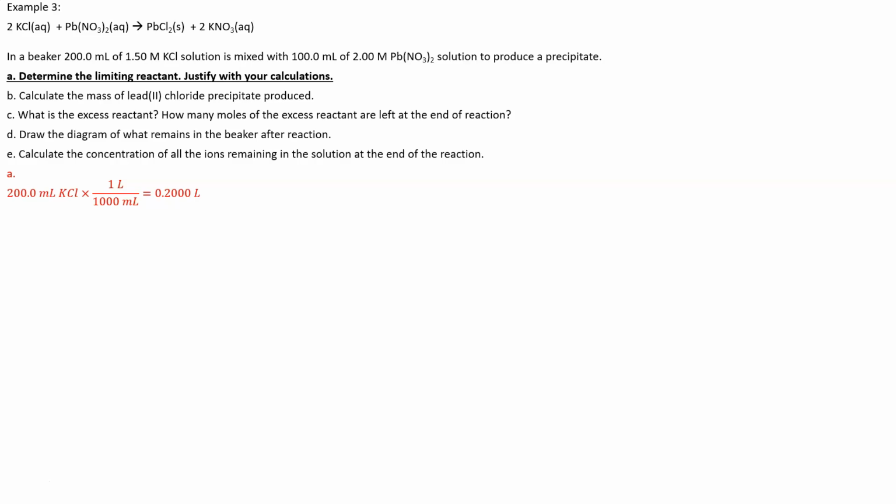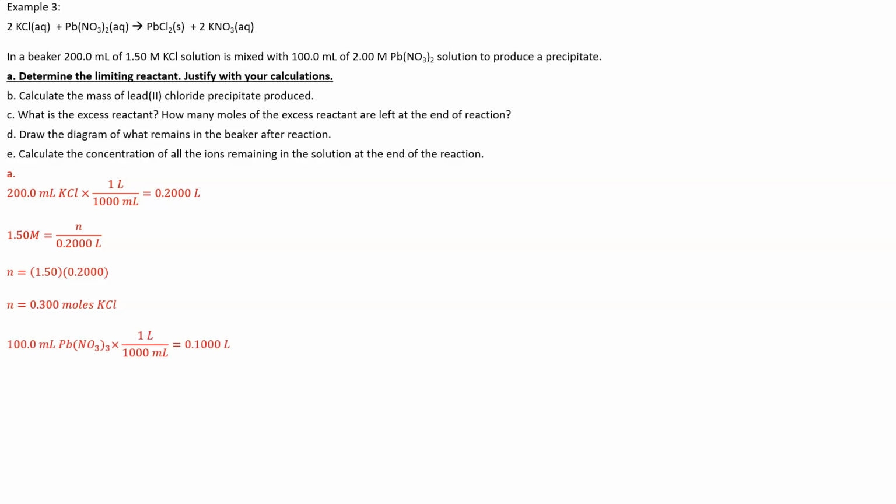Do the same thing with the other one, of course. Okay, now we've got our molarity equals the unknown number of moles over the liters we just found, 0.2000. Cross multiply, the number of moles equals 0.300 moles of KCl. Let's do the same thing with our lead 2 nitrate solution.